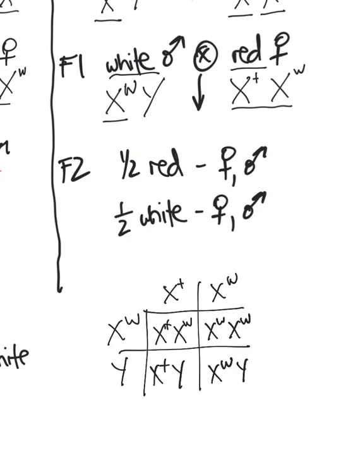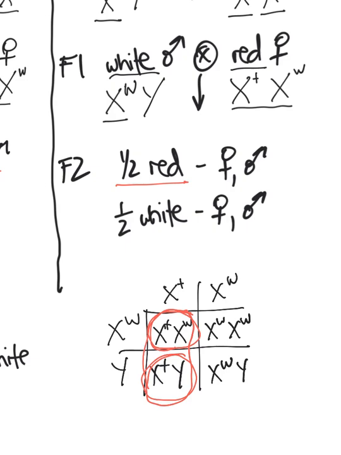So if we summarize these phenotypes again, we have two outcomes that give us red eyes, 2 out of the 4, giving us half red. And of those red offspring, half of them are female, a heterozygous female with red eyes, and half of them are a hemizygous red wild type male.